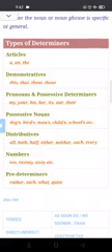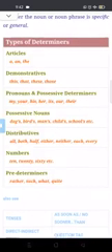His, her, its, our, their refer to personal possession. This is your book.